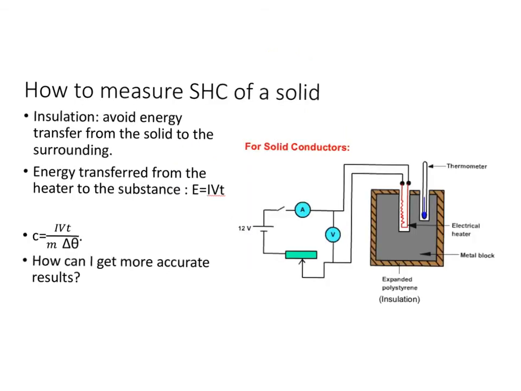You see, this is how to investigate specific heat capacity of a specific solid that we could be given. What you have is an electric heater here. So this is an electric heater. So we're providing energy to that heater through a circuit.